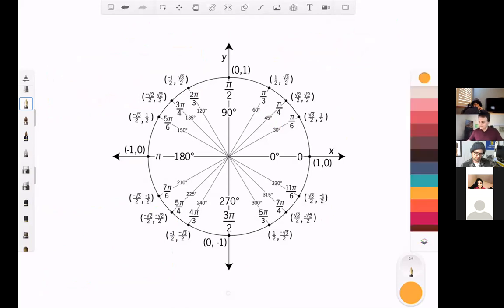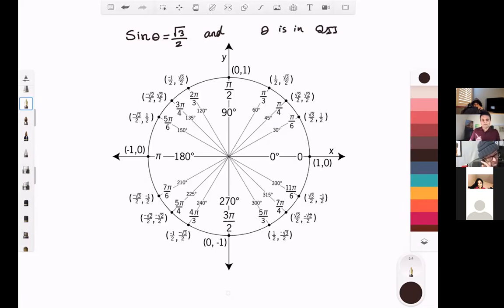All right, let's have another question. Given sine of theta equals radical 3/2, and theta is in quadrant 2.